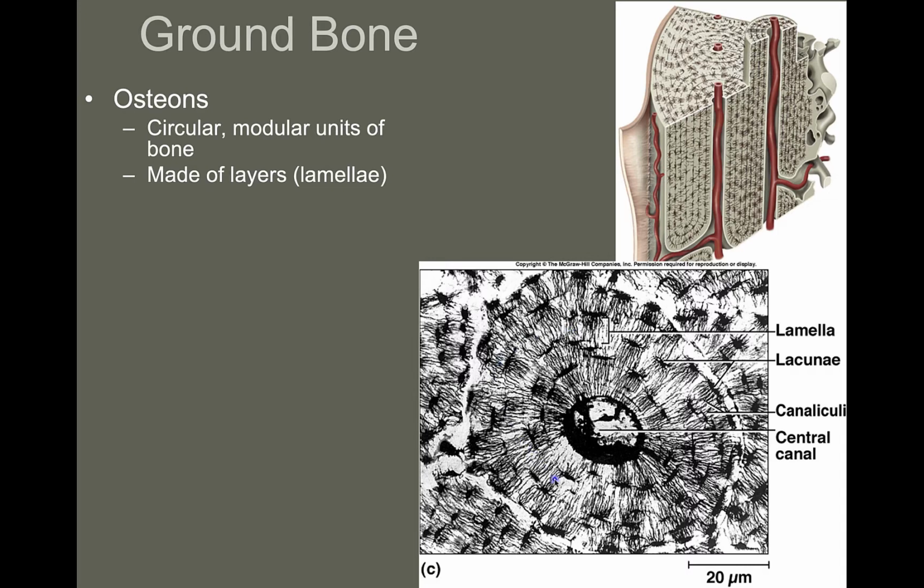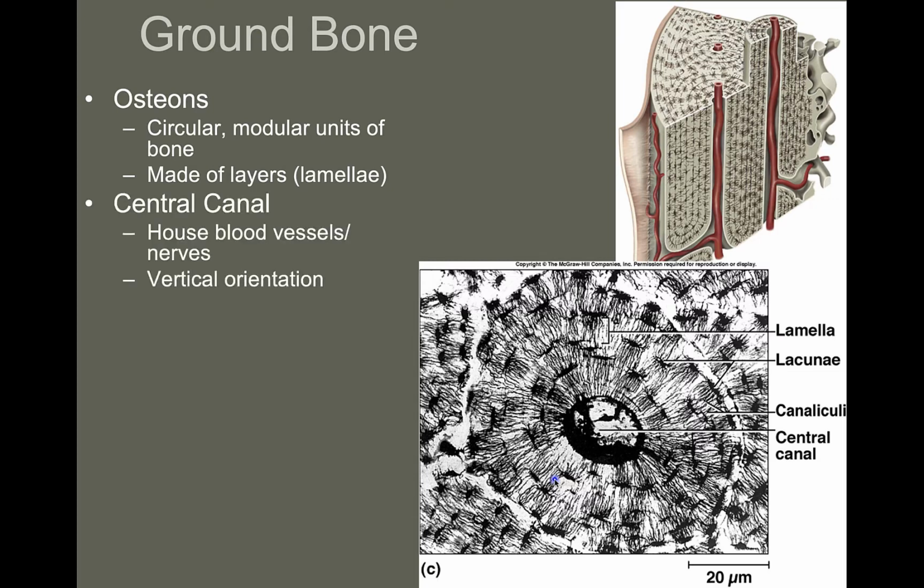And this is going to, again, sort of be how these osteons are built. In the center of those osteons, we have a central canal, and inside of that central canal, we see blood vessels. So you can see some arteries in this image, but you would also have veins and nerves in there as well.